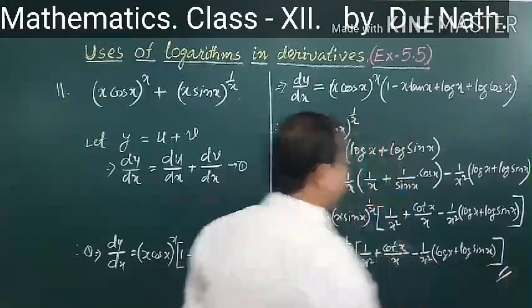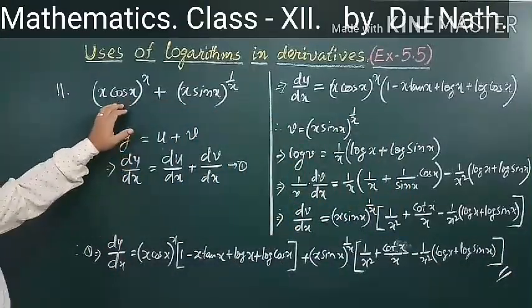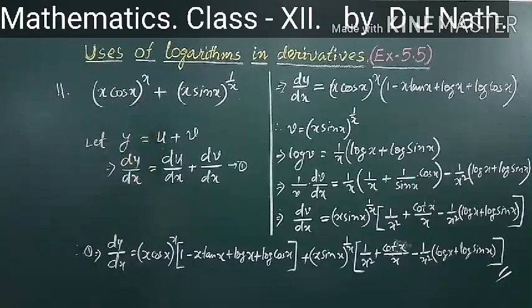So this will be the differentiation of x cos x to the power x plus x sin x to the power 1 upon x. This type of questions you have to do this way.